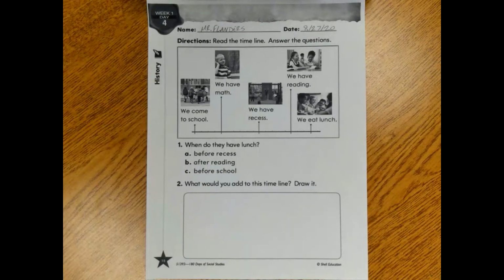Now, if you remember, timelines are important because they help us keep track of things in a particular order. If we wake up in the morning, the first thing we should do is maybe go to the bathroom, then get dressed, have breakfast. If we didn't have a timeline of those things, our routine would be all over the place, and we really wouldn't have a great idea of how to have a good morning.